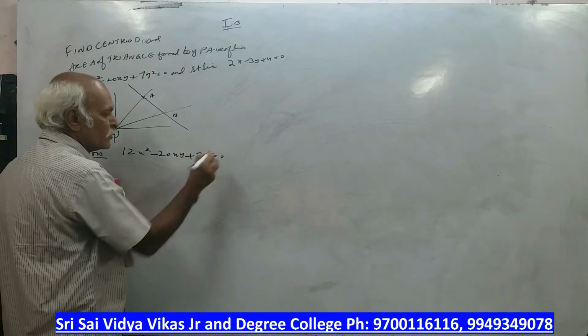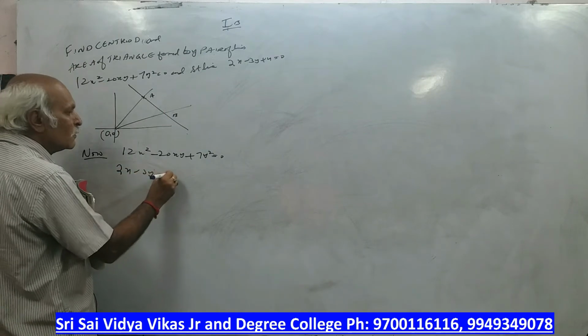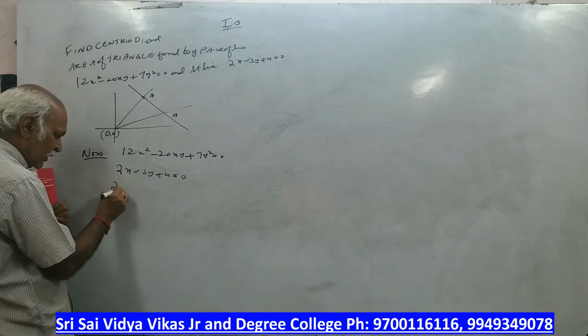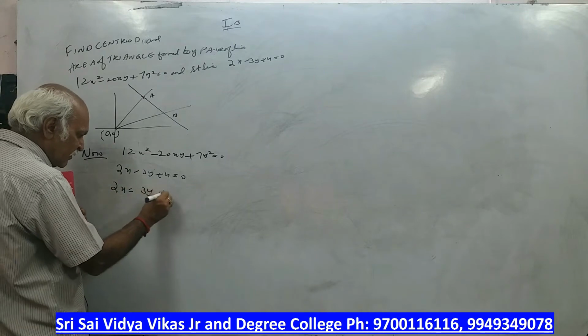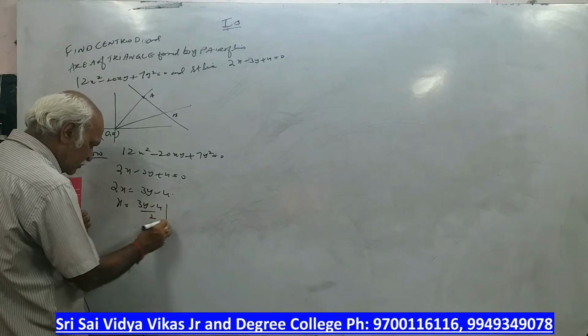12x square minus 20xy plus 7y square is equal to 0, and the line equation 2x minus 3y plus 4 is equal to 0. So 2x is equal to 3y minus 4, so x is equal to (3y minus 4) by 2.